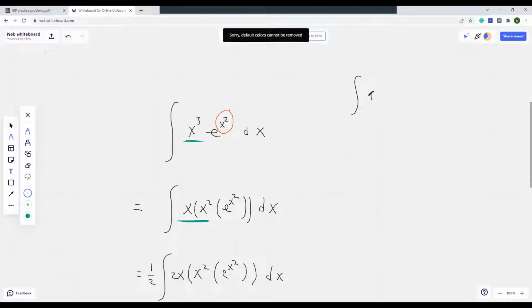The integral of f of g of x times g prime of x dx. What does that equal? Well, that just simply equals the integral of the function of u with respect to u.